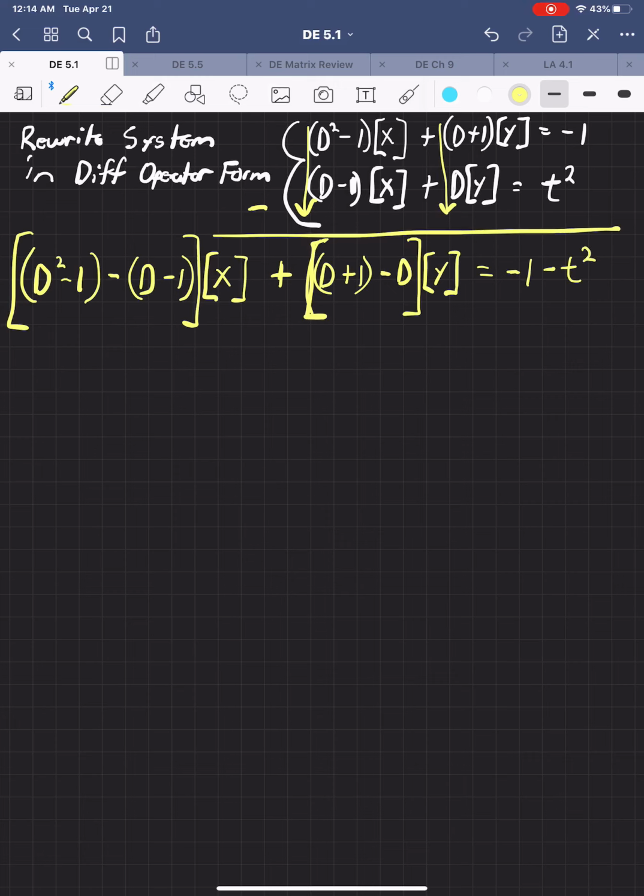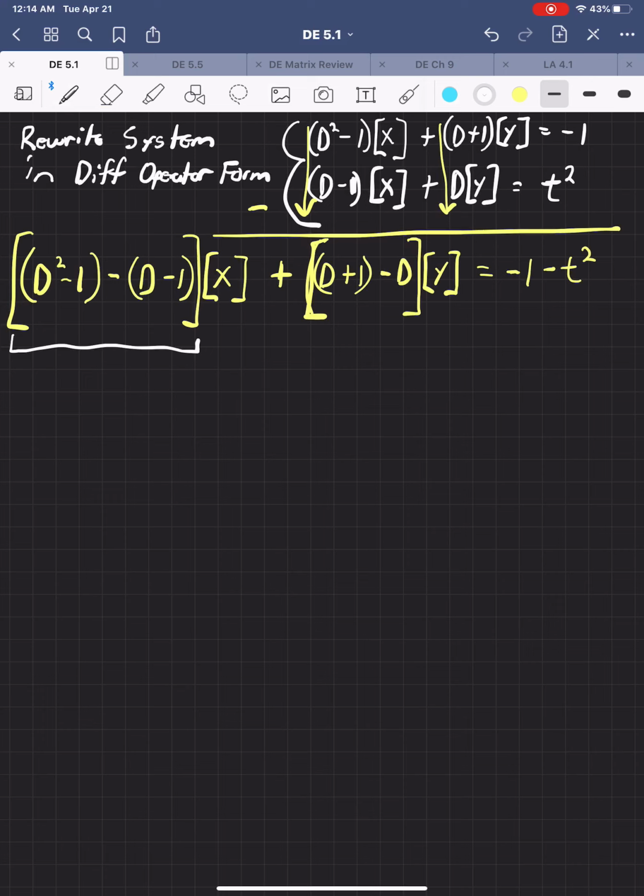Now the reason why this is going to be helpful is because I'm going to be able to solve for y in the differential operator form. So let me go ahead and do this. I'm going to clean this up a little bit, and I'll show you what I'm talking about when I solve for y. Start with this part.